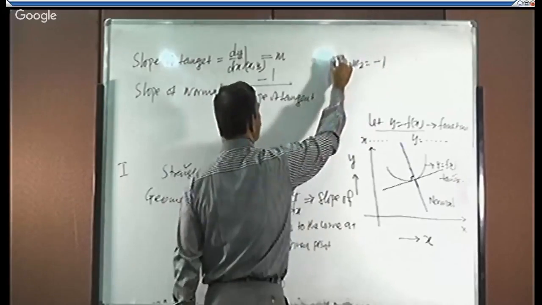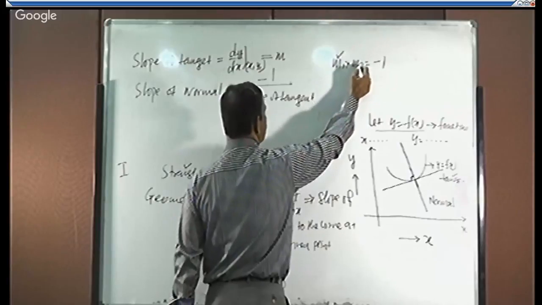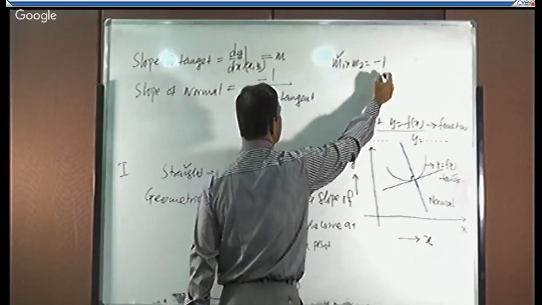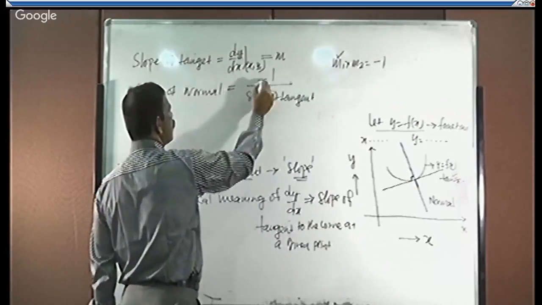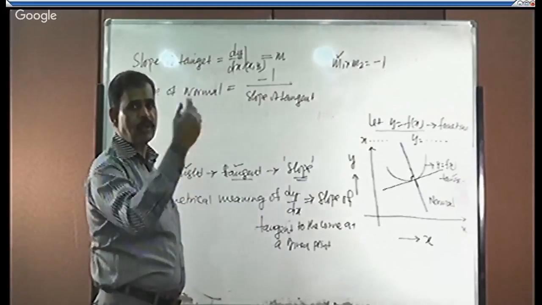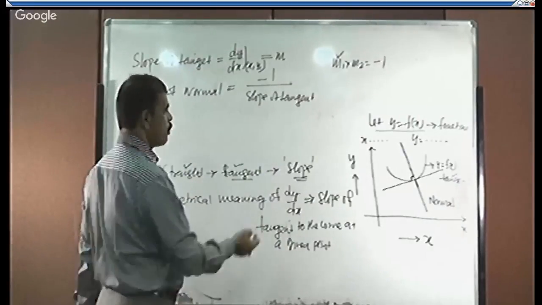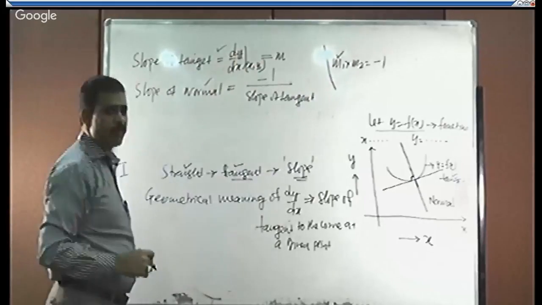If I know the slope of the first line, I can get the slope of the second line by m2 is equal to minus 1 by m1. Here I know the slope of tangent, so minus 1 by that slope becomes the slope of the perpendicular line. We got the slope of tangent and the slope of normal.